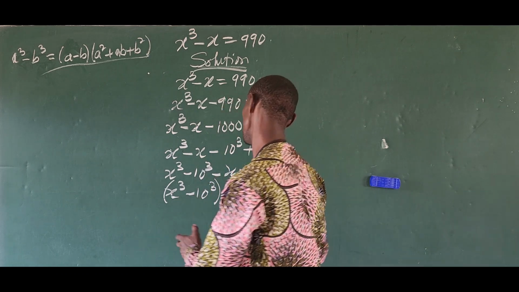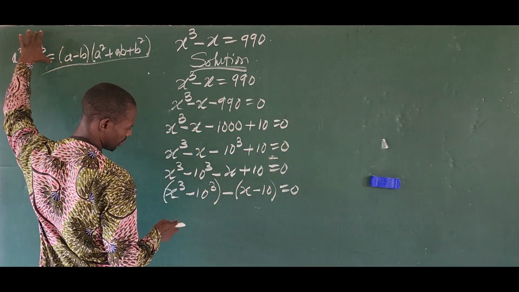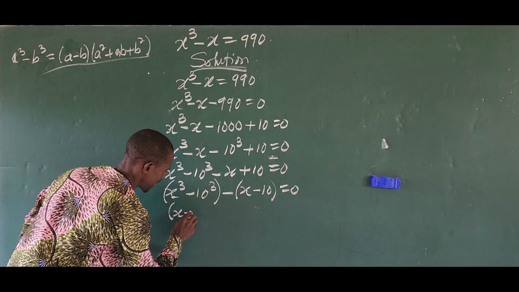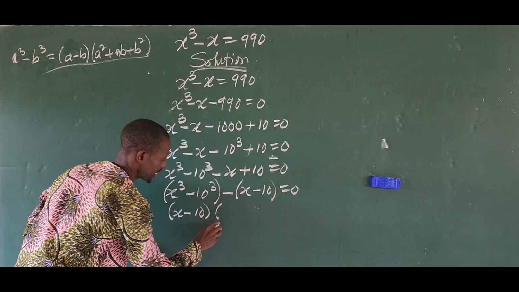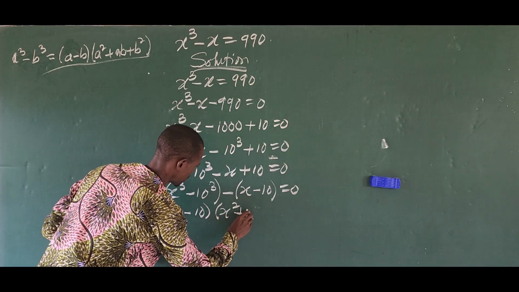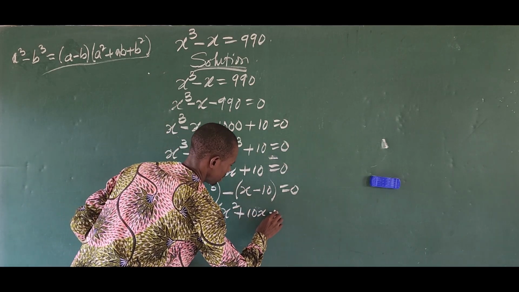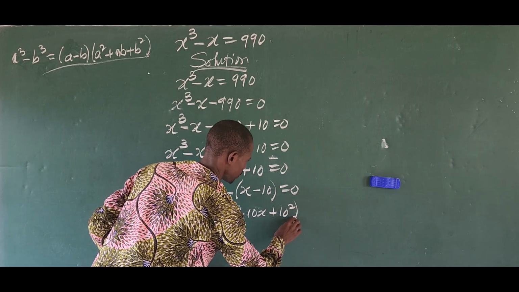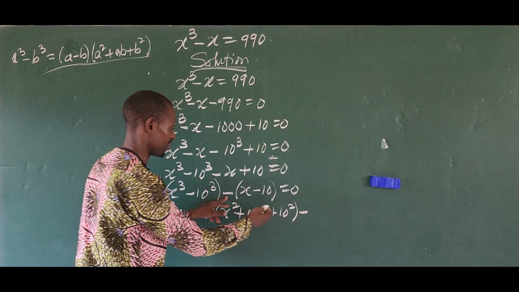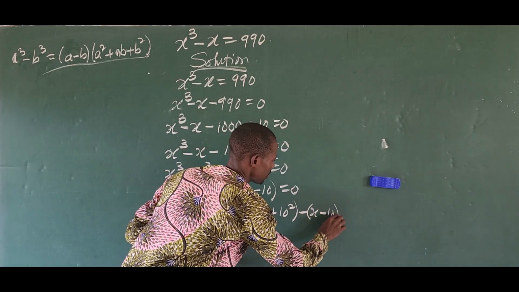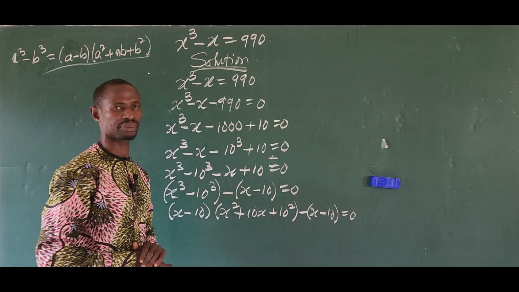All right, so we go ahead to rewrite this in this format here. So this is going to give us bracket x minus 10 close bracket, bracket x to the power of 2, then plus 10x, then plus 10 to the power of 2 close bracket, then minus what we have in here now, which is bracket x minus 10 close bracket equal to 0.